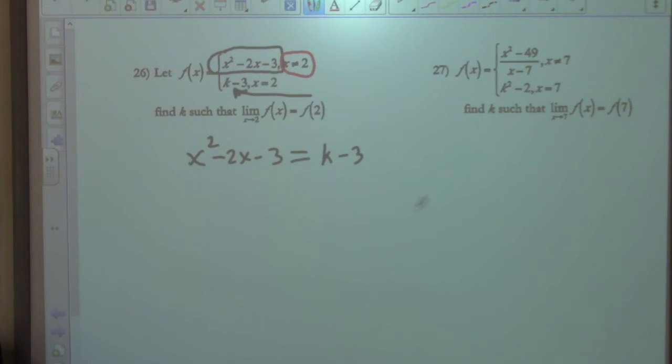Right, if we draw the function here, it's going to look something like this. And then over here where x equals 2, we're going to have something like this.